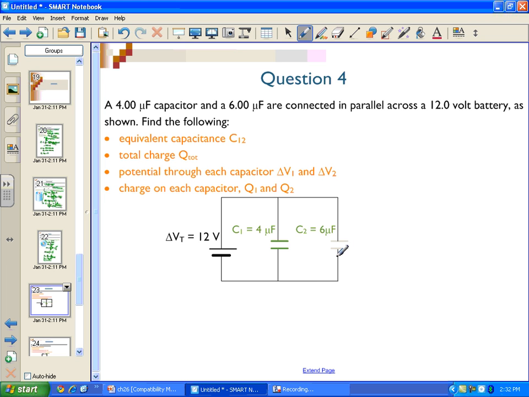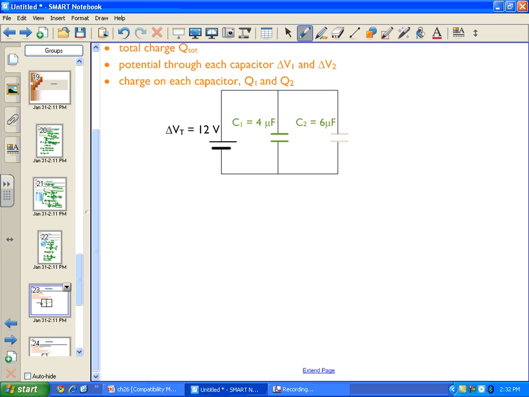And we're asked to determine several quantities. So let's begin. In part A, we're asked to determine the total capacitance. Well, because these are in parallel, we simply add C1 plus C2 and we get 10 microfarads.